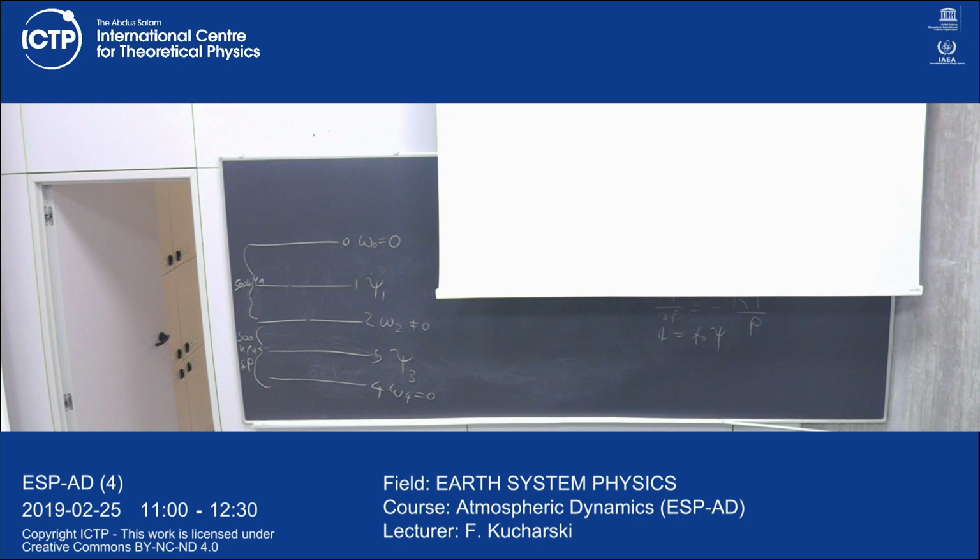So if we make this assumption, we have made a small simplification with respect to the Rossby waves that we have derived, because we now assume, for simplicity, that these waves are only propagating in the zonal direction. So we linearize our equations, and the linearized equations look like this.